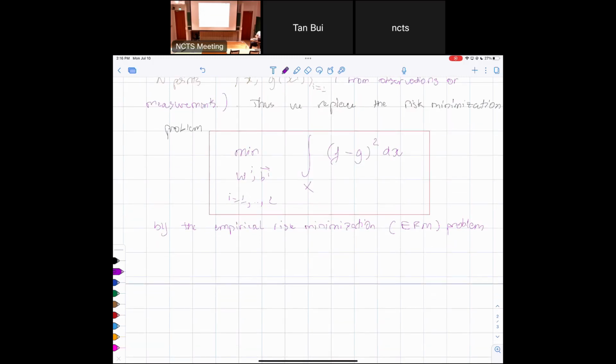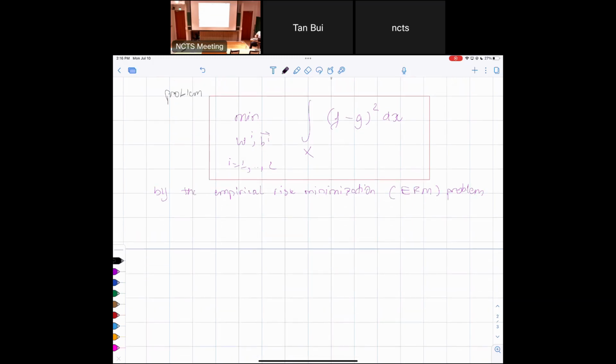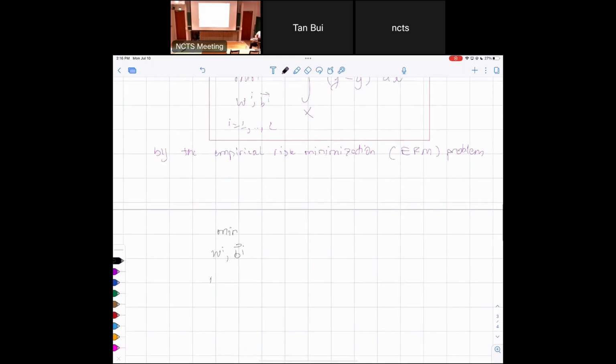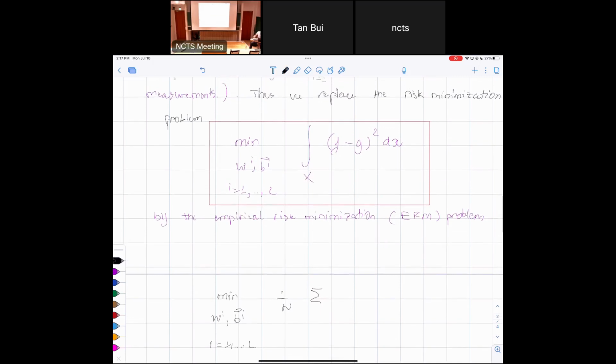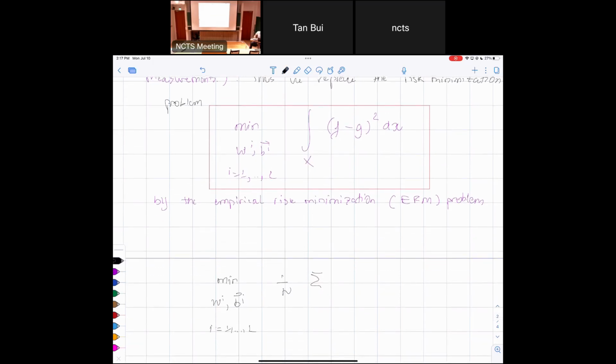So our problem now is that we still minimize with respect to the W_i, b_i, with i from 1 to L. But we don't have the integral. What we have is typically this: 1 over n.